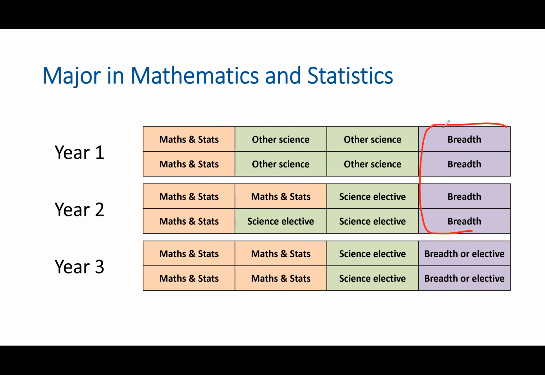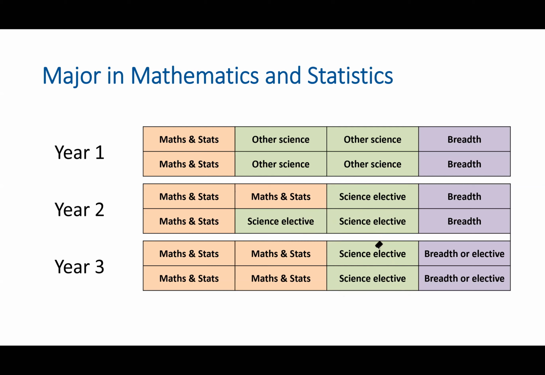And as I said, the breadth here has to be non-science subjects, so they have to be from another faculty. But the green subjects, these ones that say science electives, they can actually be more maths if you want. You're welcome to choose additional mathematics and statistics subjects as your electives. Or you can choose some maths and a bit of chemistry, a bit of physics, a bit of computing, whatever you want for those electives, generally.